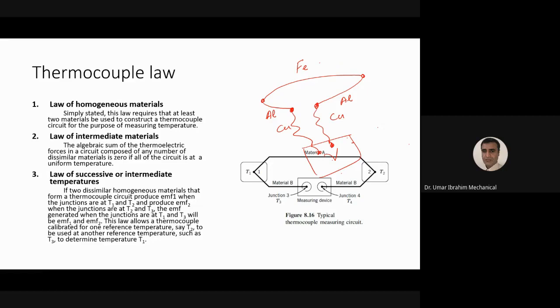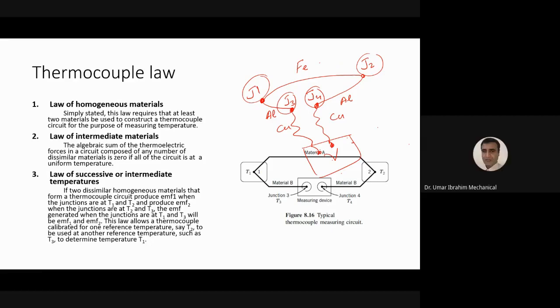So as you can see, we have two junctions, junction 1, junction 2, but also junction 3 and junction 4. So each of the junctions will be contributing to the voltage output if they are at different temperatures. यहाँ तक clear, students?